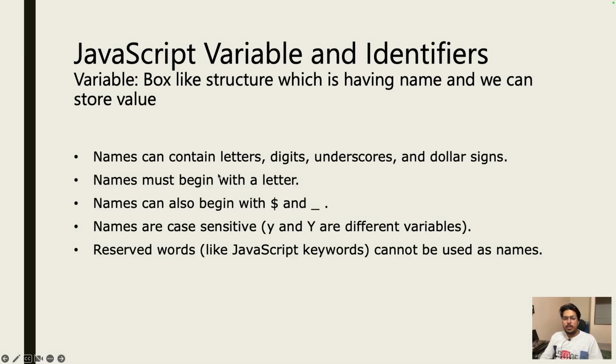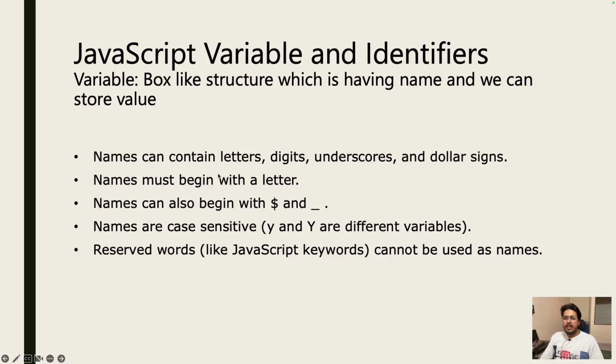I have listed here all the rules we have to consider while writing the name of any variable. The name can contain letters, digits, underscores and dollar signs. It means the name can contain letters, digits and symbols, but only two types of symbols: dollar sign or underscore.